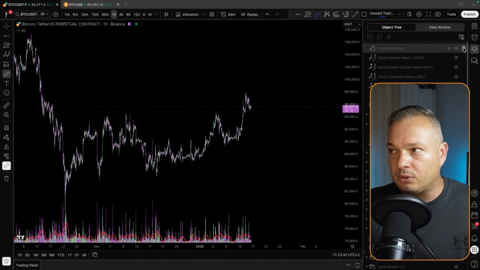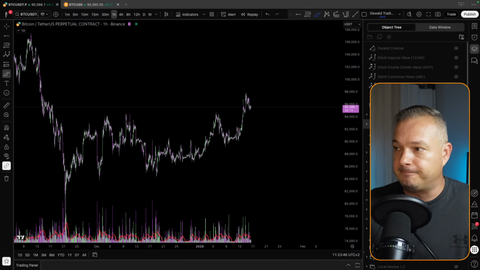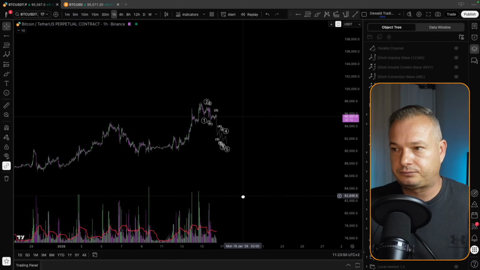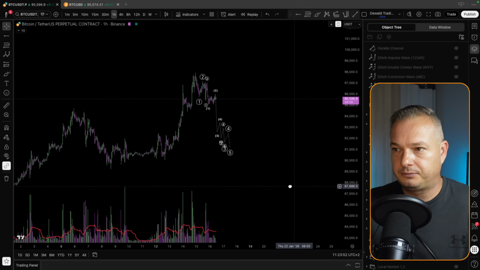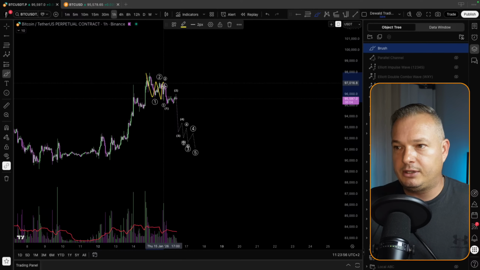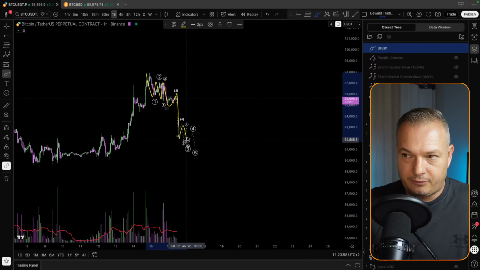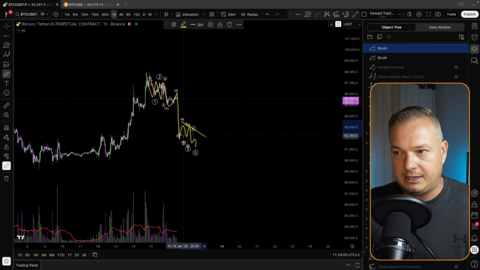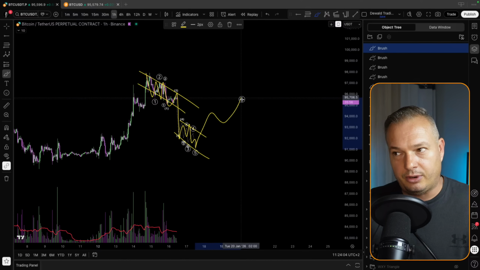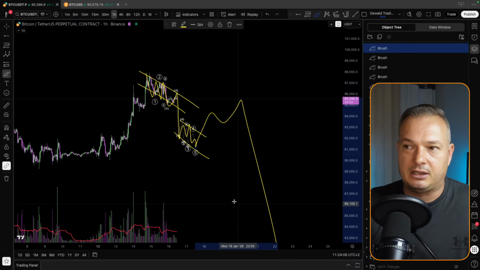And the only impulse that makes sense for now is the nested 1-2s. 1, 2, 1, 2, 1, 2, 3, 4, 5, 4, 5, 4. So if I see this structure, okay, you could get your correction and continuation to the downside.